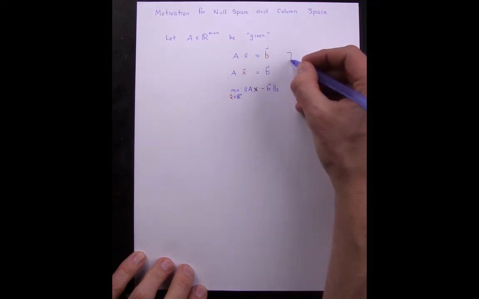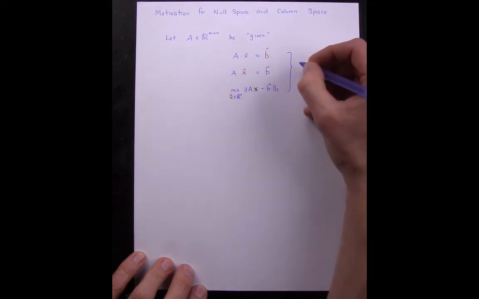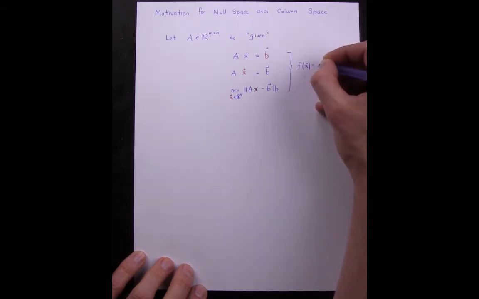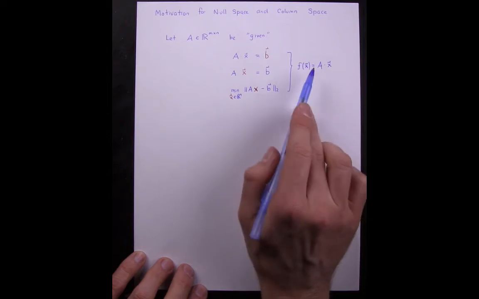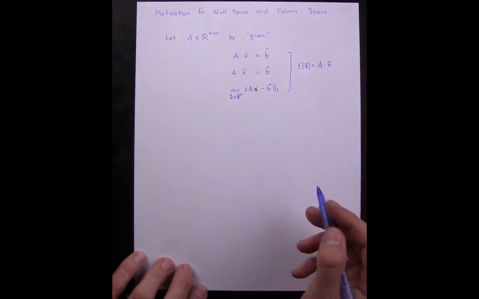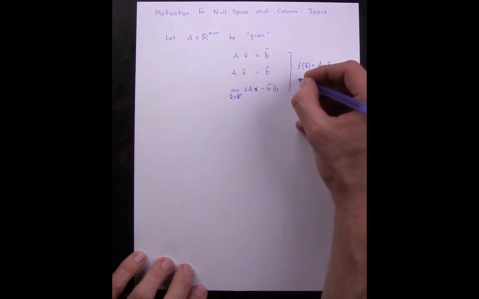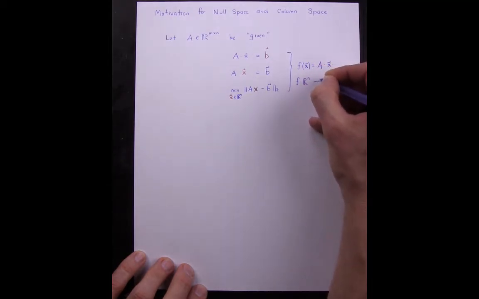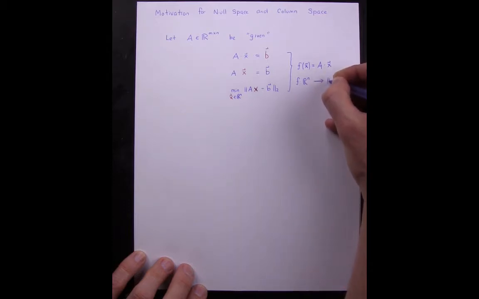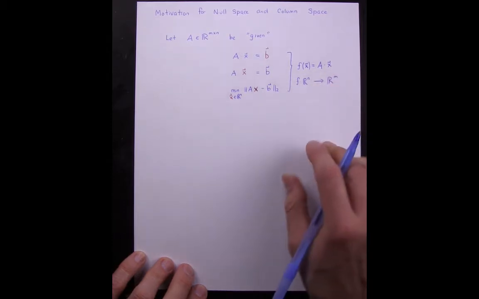All three of these problems are connected by a common mapping, and we say that each matrix defined an associated function called a linear transformation, which is given by matrix vector multiplication. In all three of these cases, this function has domain Rn and codomain Rm.